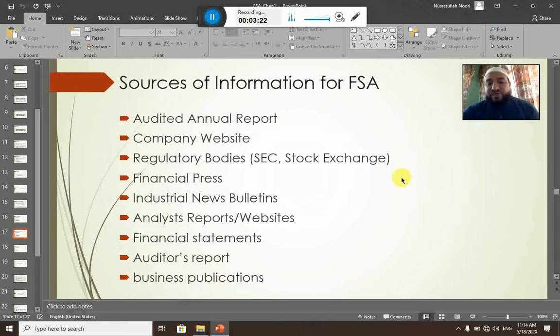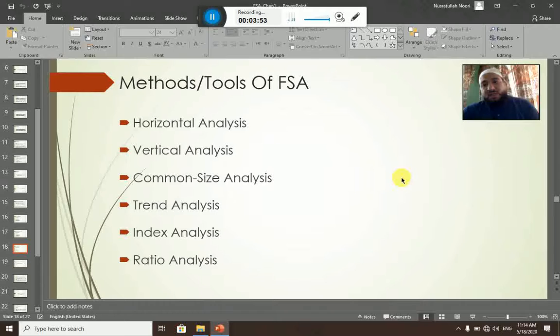We can take the information from audited annual reports, company websites, regulatory bodies, financial press, industrial bulletins, and so on and so forth, and then apply the tools and techniques of financial statements analysis to analyze the company's operations, right?